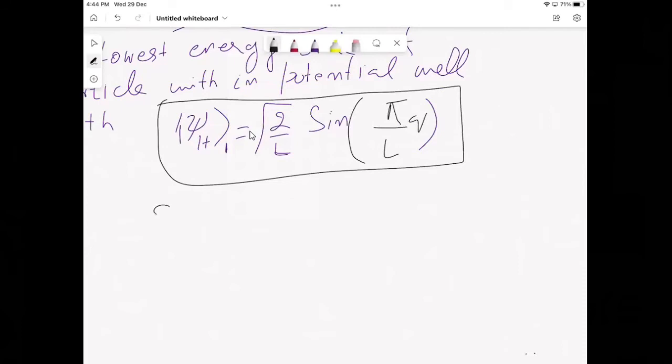Similarly, what will be E2? For n equal to 2, E2 will be n square E1, that will be 4 E1.